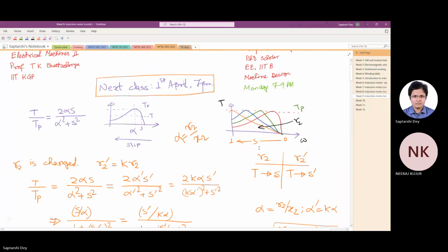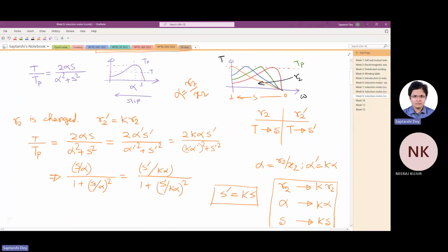Now, based on this, what we derive today is, suppose we increase the value of R2 by a factor k. So the new R2 prime is k times R2.